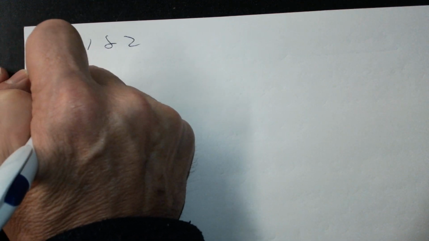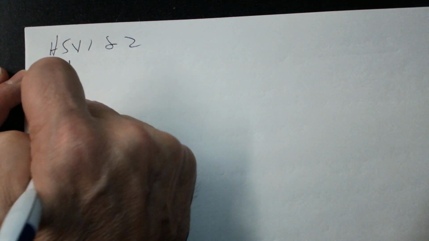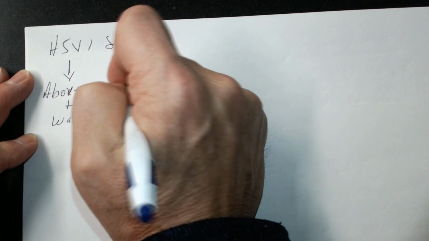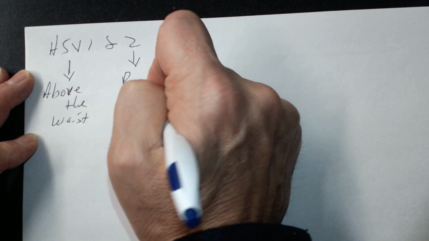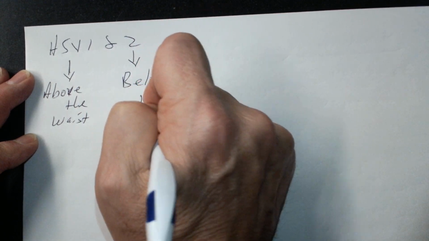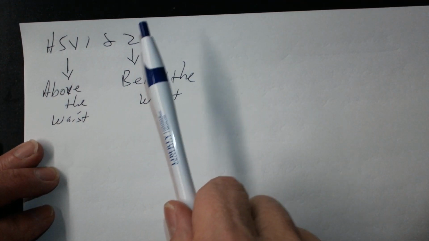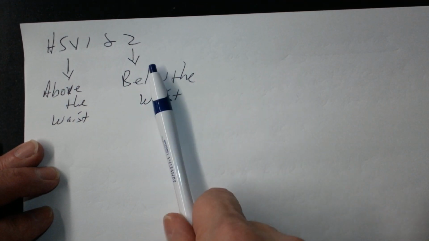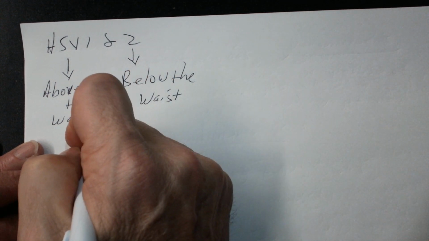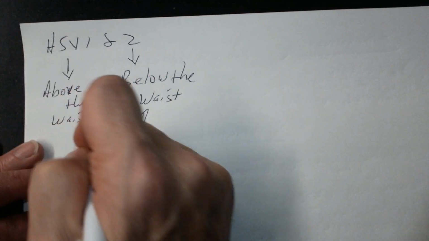So 1 will usually infect above the waist. 2 will usually infect below the waist. So if someone has genital herpes, pretty safe bet they have HSV2, but there is overlap.